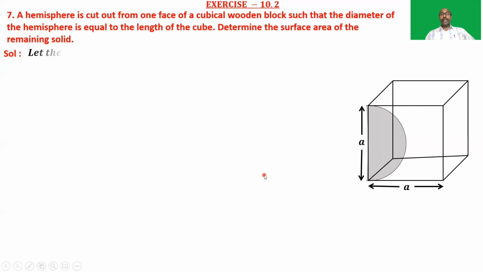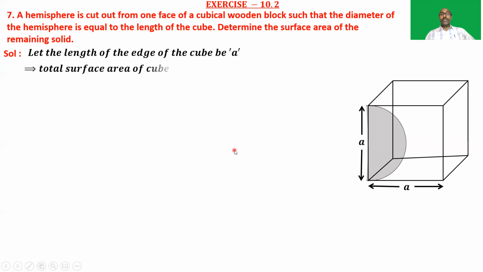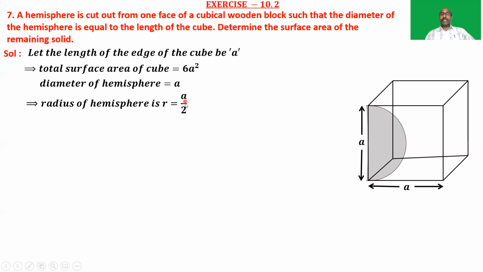So let the length of the edge of the cube be A units. Now the total surface area of the cube is 6A square, and the diameter of the hemisphere is equal to the edge of the cube, so the diameter of the hemisphere is equal to A. So the radius of the hemisphere is A by 2.